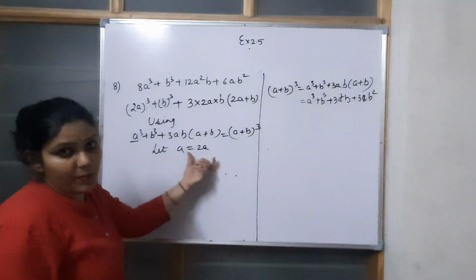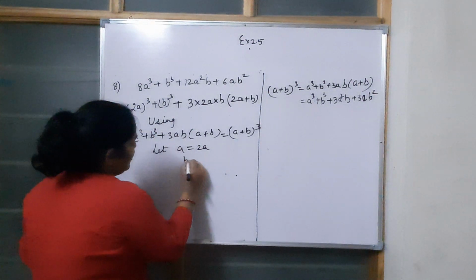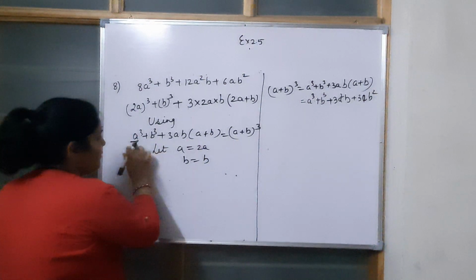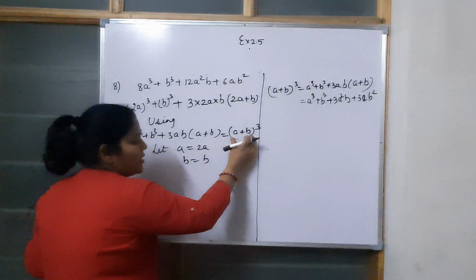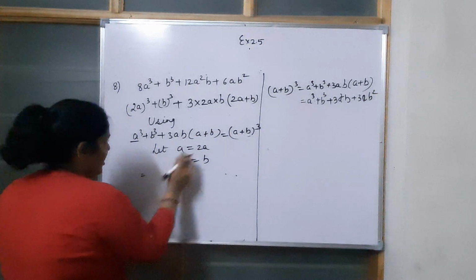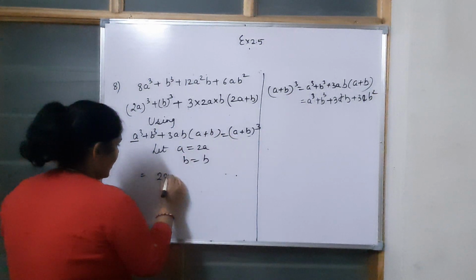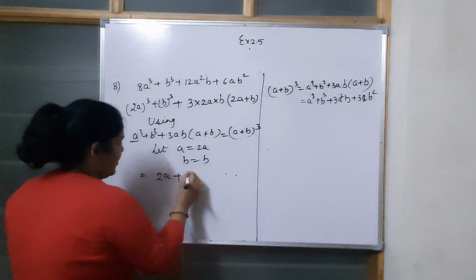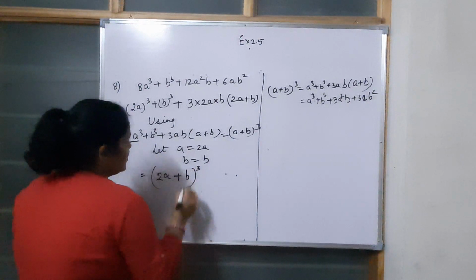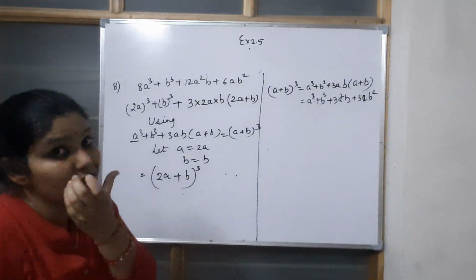In place of a we will use 2a, and in place of b, we will use b. So this is our answer. This is the factorized form.